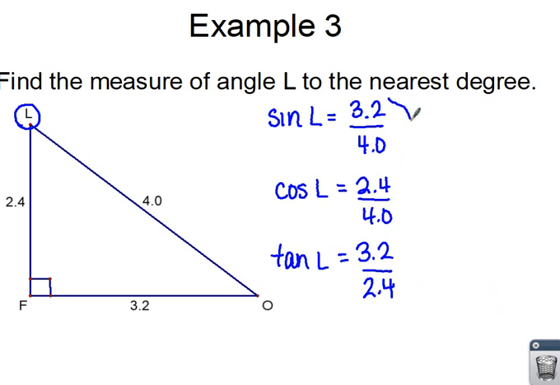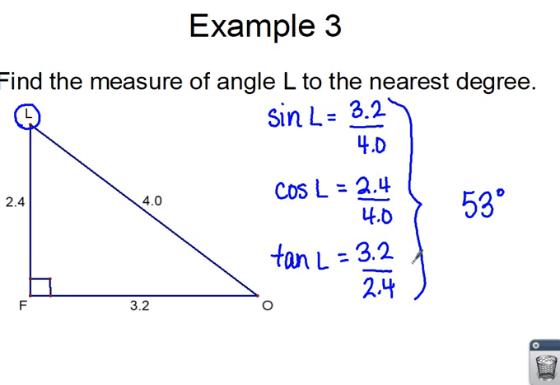Now, tell me, does it matter which one of these you use? Because if we start putting this in our calculator, for the sine up here, we'd hit second sine, 3.2 divided by 4.0. I get 53 degrees. For cosine, I'd hit second cosine, 2.4 divided by 4.0, and I get 53 degrees.